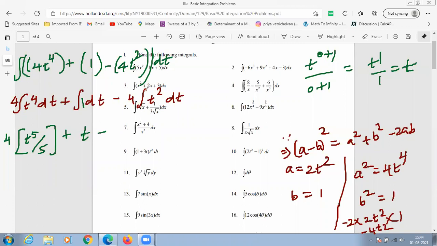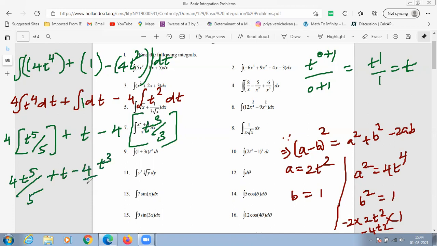And minus 4t square. T square will become t power 3 by 3. So it's 4 into t power 5 by 5 plus t minus 4 into t cube by 3. That is the result for the question number 10, right?